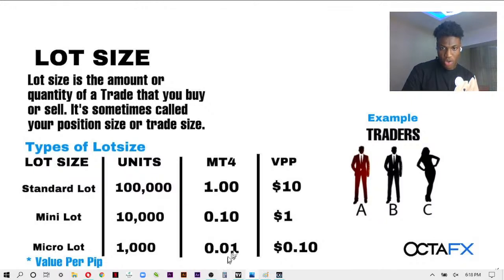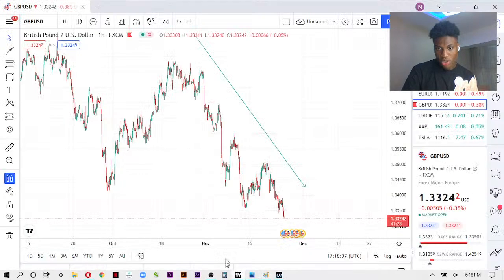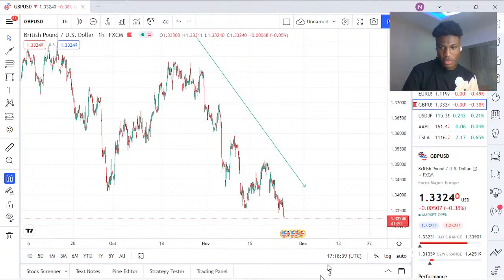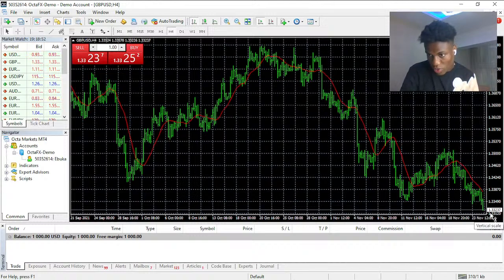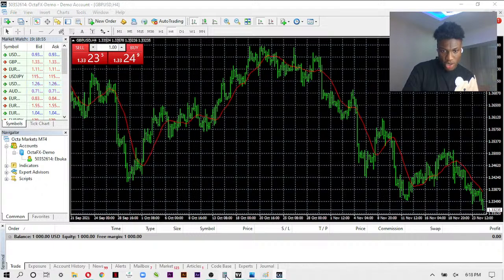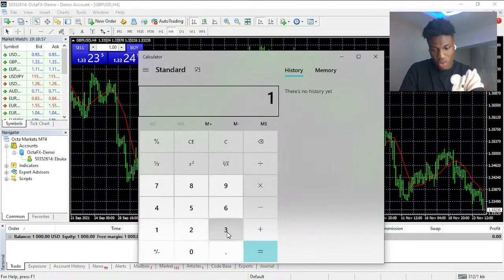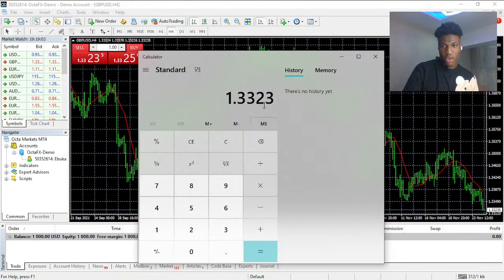So let me explain what I mean by value per pip, right? We're looking at GBP USD. GBP USD is currently valued at 1.3323, right? So let's put that down. Now remember, if GBP USD was to move 1 pip to the upside, remember how to calculate a typical pair.